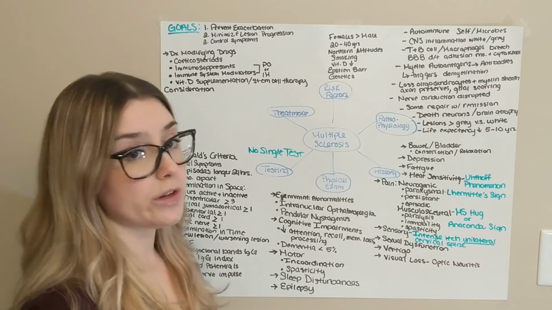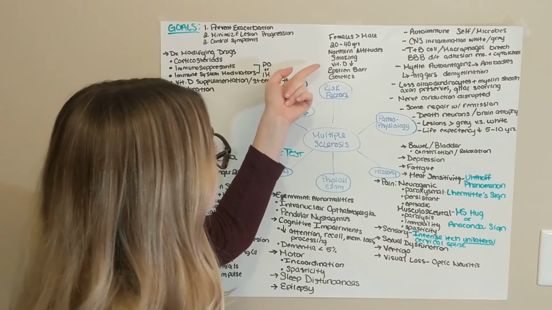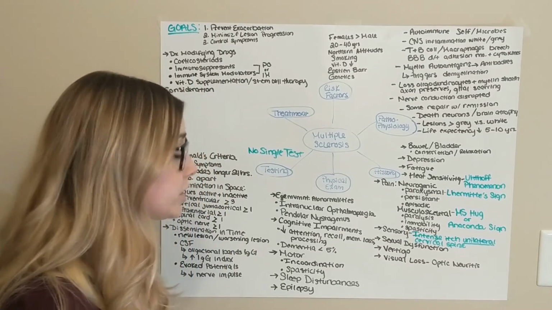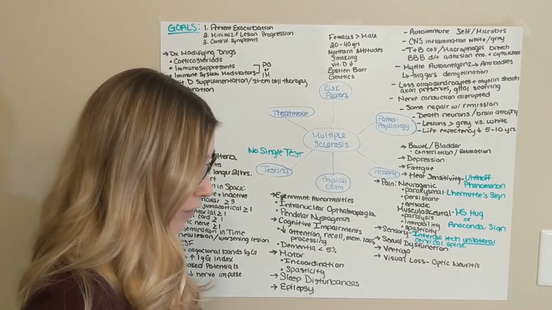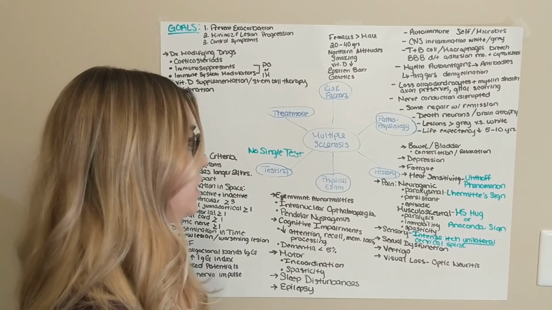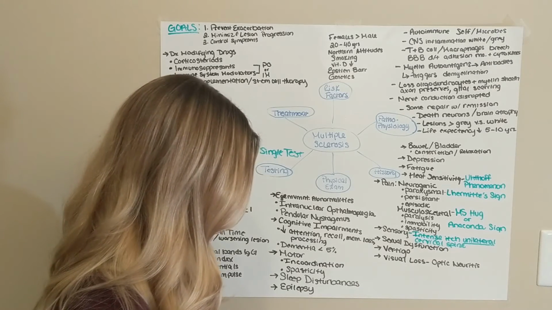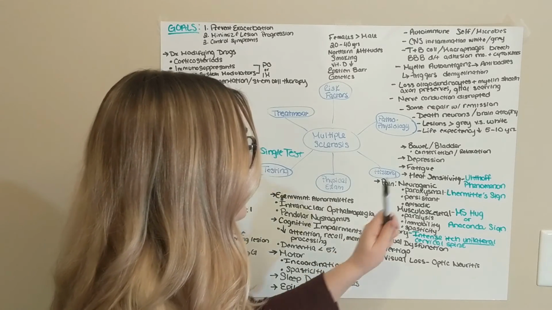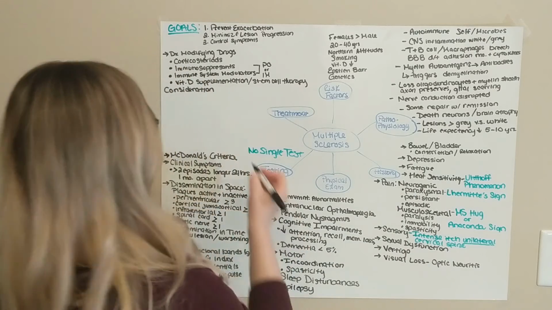And then if they are smokers, back to our risk factors, we would want to do some smoking cessation education with them, avoid any overwork, avoiding extreme fatigue, and also avoiding heat exposure, which comes back to our Uhthoff's phenomenon.